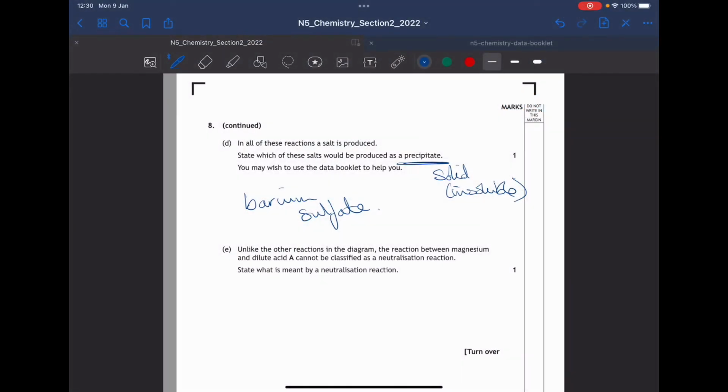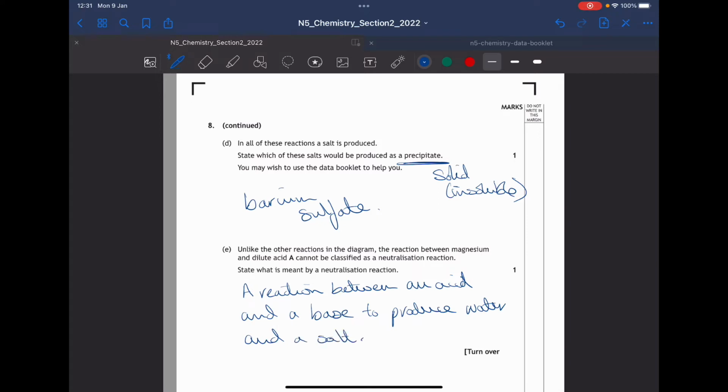So the definition of a neutralisation reaction that we're looking for here is where you state that it's a reaction between an acid and a base to produce water and a salt. So a neutralisation reaction is where you react an acid with a base and you produce salt and water.